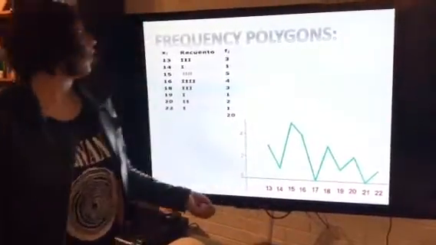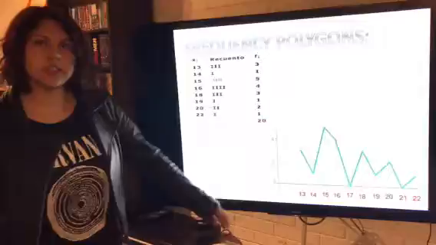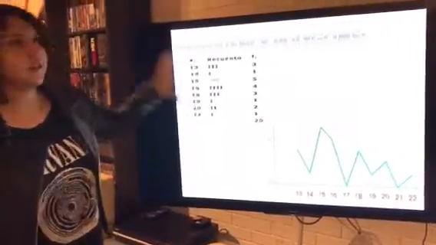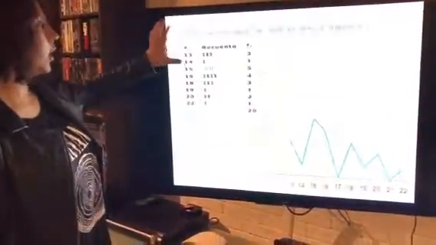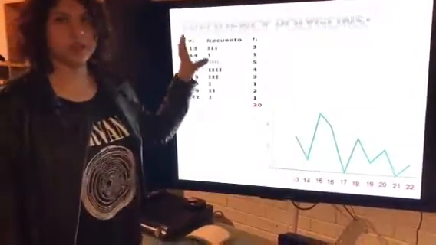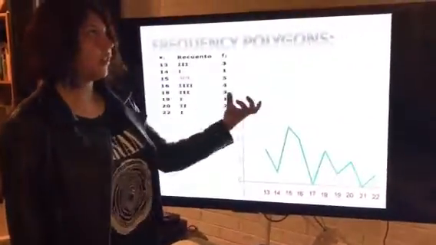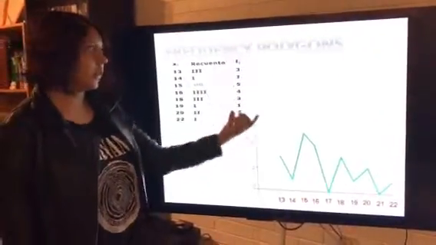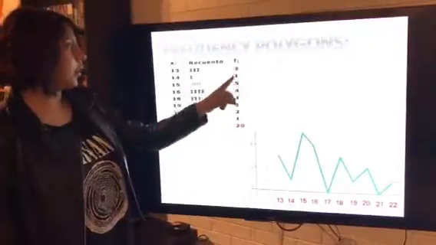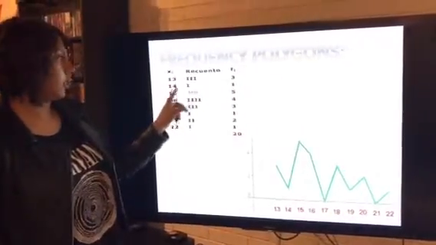Now the example. This is the same as the histogram, but it's a different table. Xi is the same. We have this number with the data that are given, and the Fi, that is the frequency, we have this number with the repetition of this number.